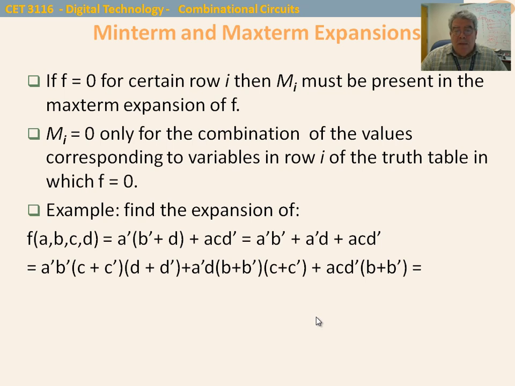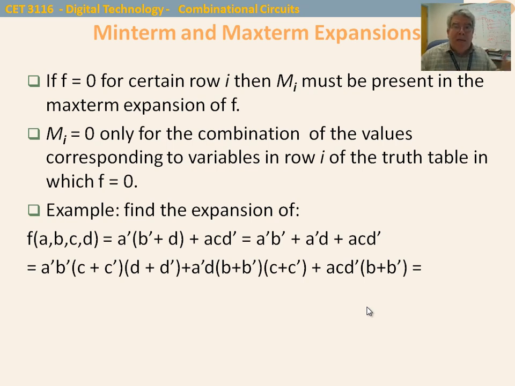Okay? One way is to say, okay, to this term I simply provide these two, which are the two combinations of the variable C or C naught and D or D naught that are not present explicitly here. And the same thing with A naught and D. So in other words, we're expanding that. Remember, we're doing the inverse of simplification.